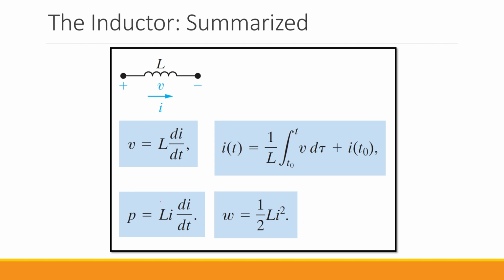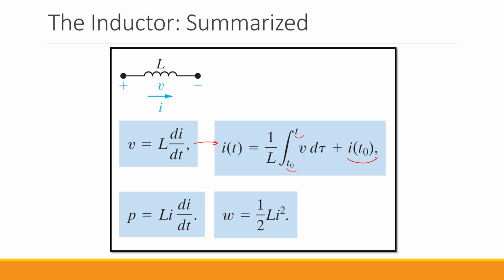We use this equation to come up with the equation for the current with respect to its voltage for the inductor. So the current at any given time equals 1 over L, the integral of the voltage over time, changing from time equals t0 to any given time that we want to find the current at, plus the initial current of the inductor.